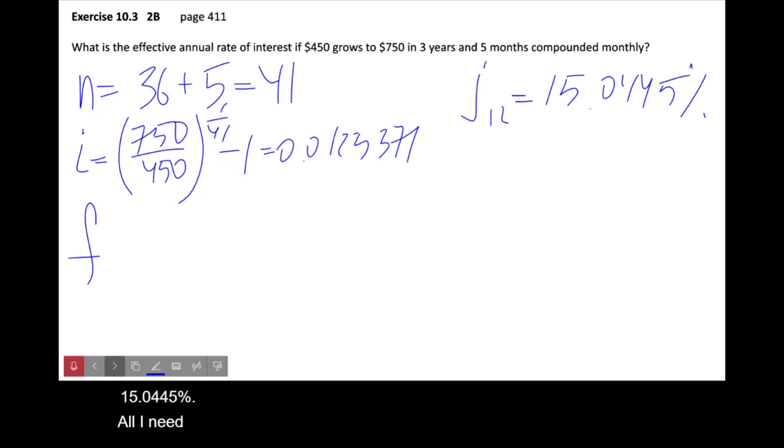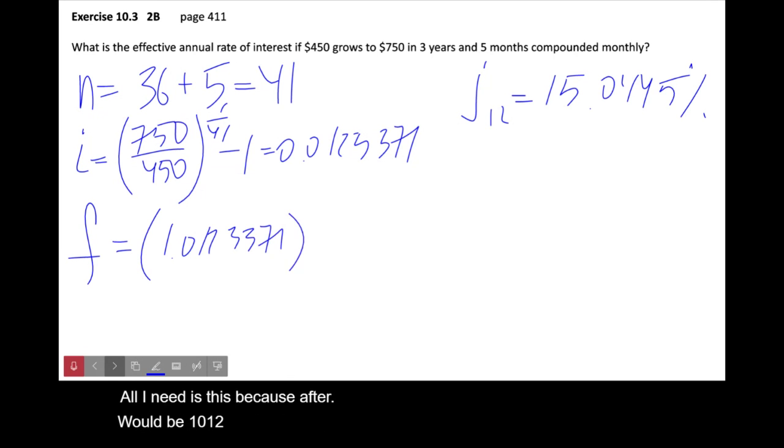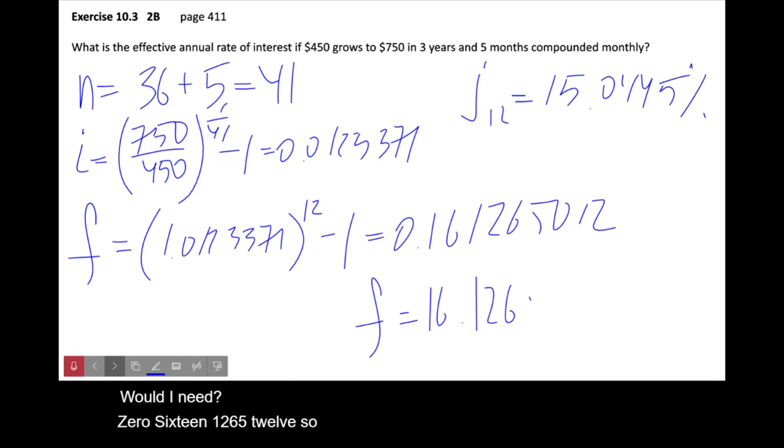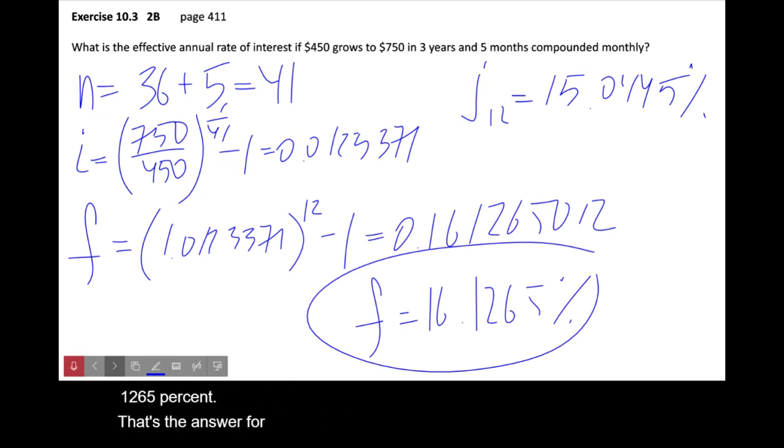All I need is this because F would be 1.012537 exponent 12 minus 1. That's actually what I need. 0.161265012. So F is 16.1265%. That's the answer for that question when we take 3 years, 5 months.